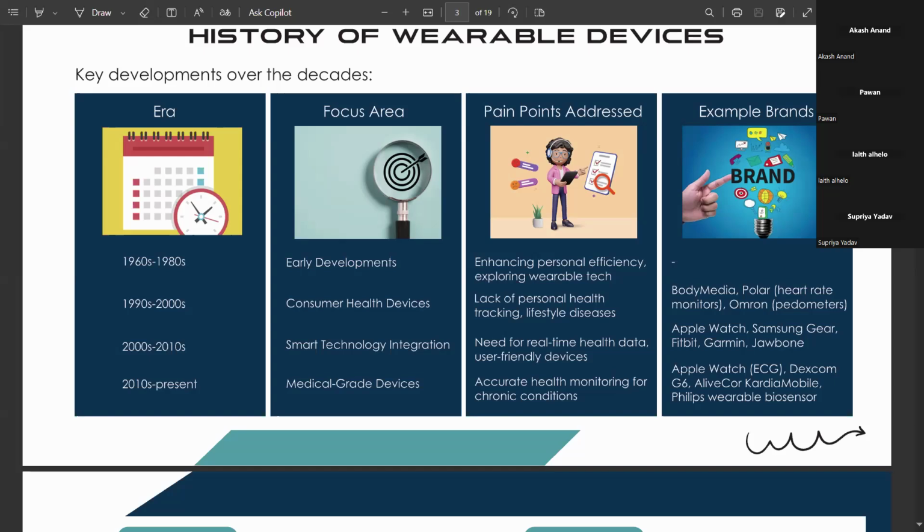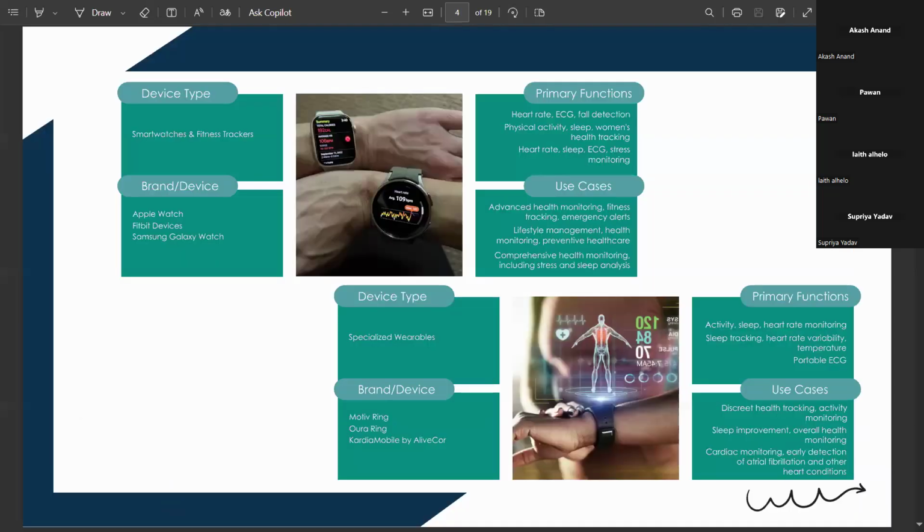So I'm moving to the next slide. These are some of the currently available and trending wearable medical devices and fitness trackers. In smart watches, we have Apple Watch, Fitbit devices, and Samsung Galaxy watches. Apple Watch is more known for its heart rate monitoring, ECG app, and fall detection, especially ECG and fall detection.